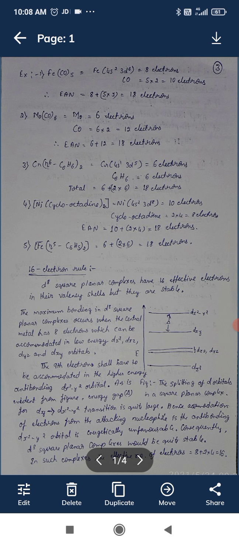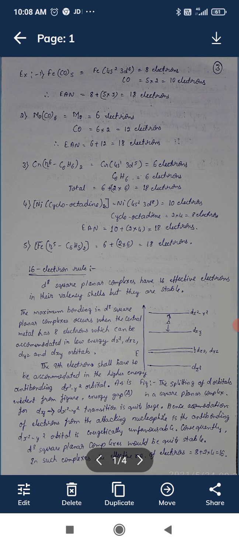Stability is explained here. The maximum bonding in a d8 square planar complex occurs when the central metal has 8 electrons. This should be kept in mind. The metal should have 8 electrons which can be accommodated in the low energy dz square, dxz, dyz and dxy orbitals. The ninth electron would have to be accommodated in the higher energy antibonding dx square minus y square orbital.